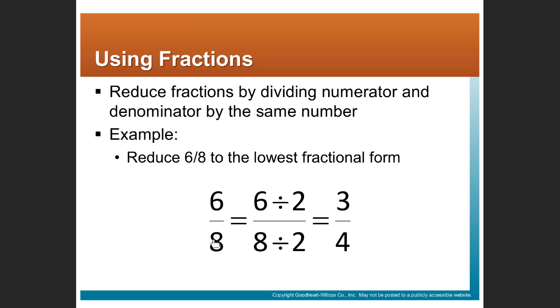So again, 6/8, we divide top and bottom, numerator and denominator, by 2, we get 3/4, right? 3/4 is the simplest form that we can make 6/8. And the reason we know it's the simplest form is because that 3 on top is an odd number. I can't divide that 3 by something else to make it lower. So that's how we would simplify.